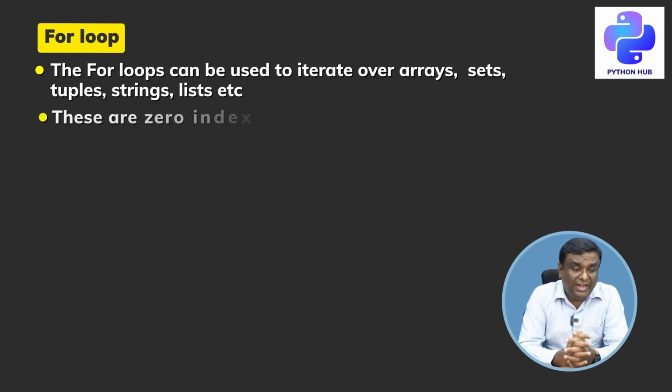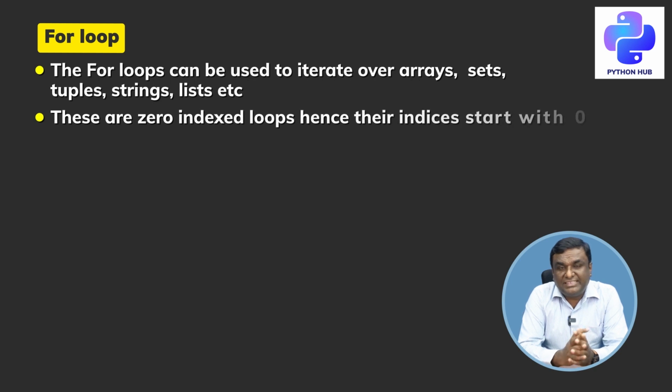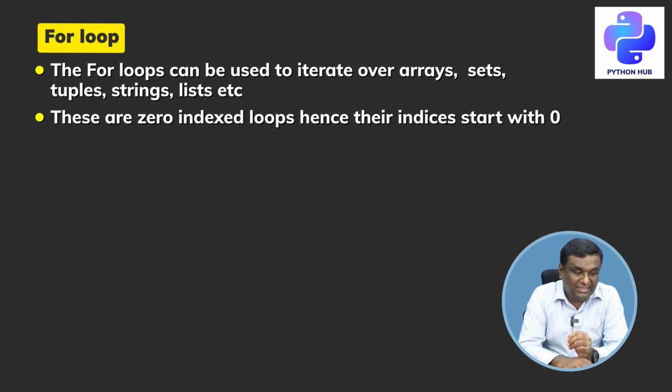And these are zero indexed loops. When I say zero indexed, it starts with the zero value. That means the first character or the first item in the loop is actually denoting to the value of zero. That is, when you say this particular zero value, you are referring to the first item in that particular list. Check this out.